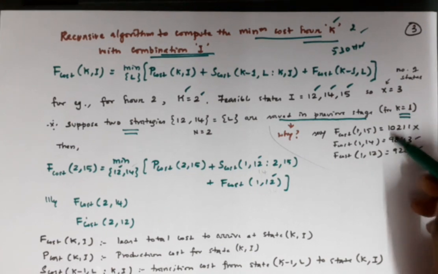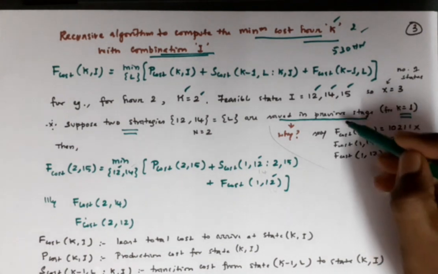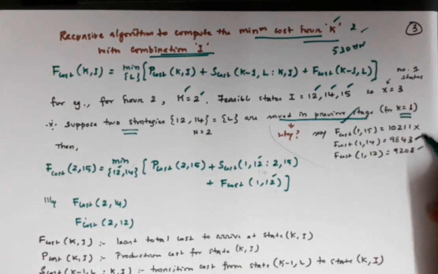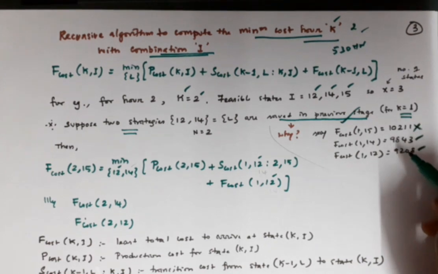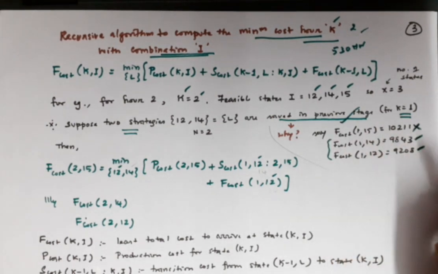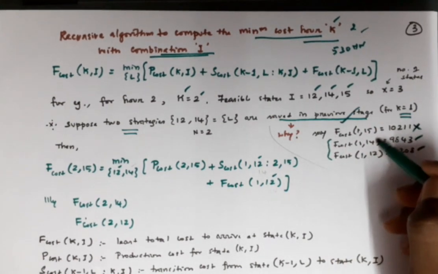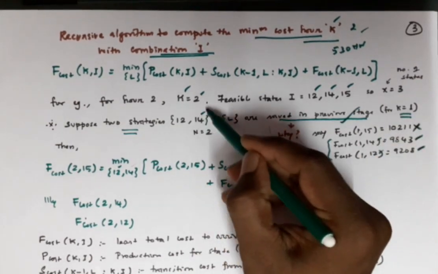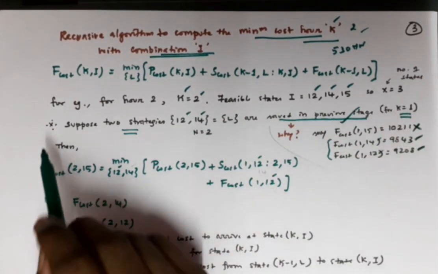So we can see in this previous stage that these two are the minimum cost and this one has the maximum cost, so this can be neglected. We are going to save only the minimum cost strategies, which are only 14 and 12. That is very, very important.